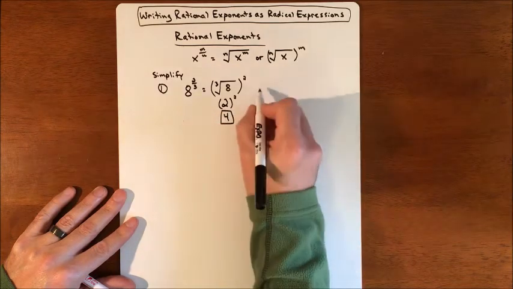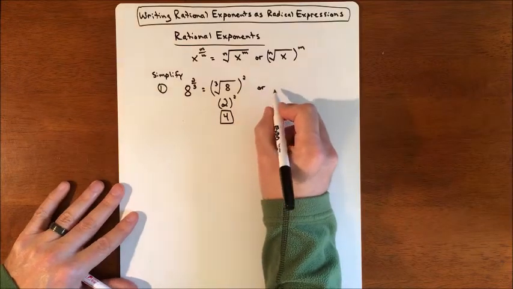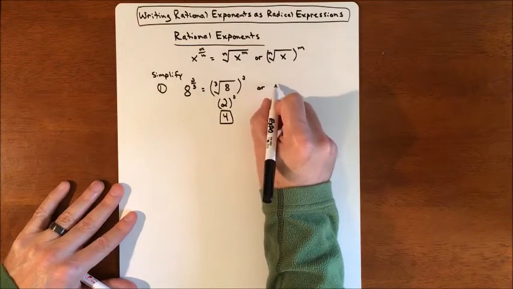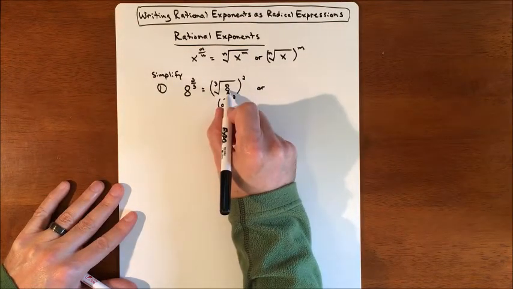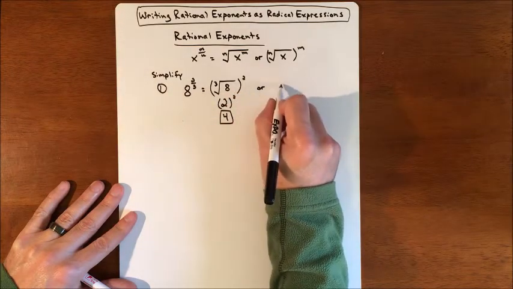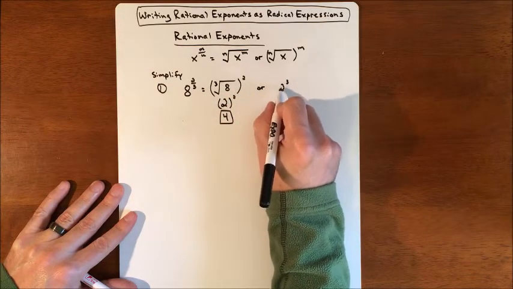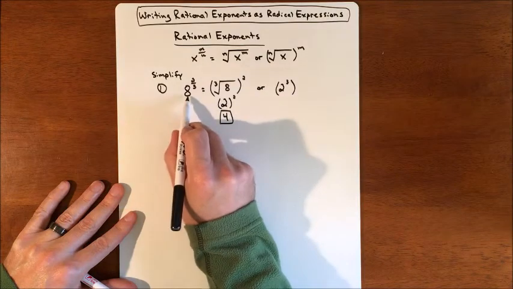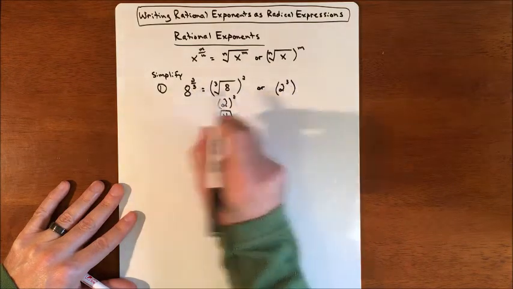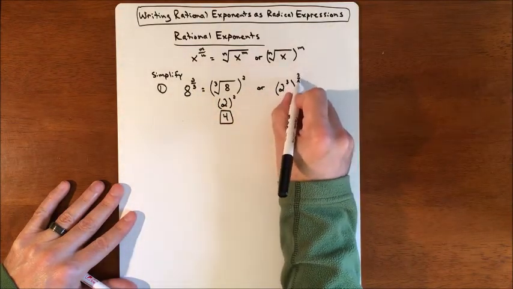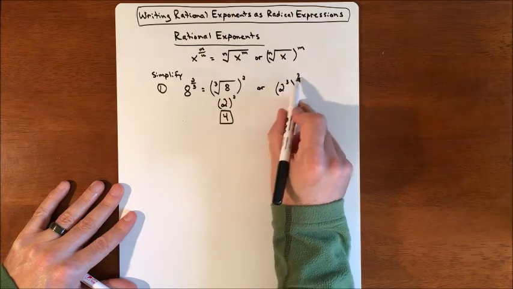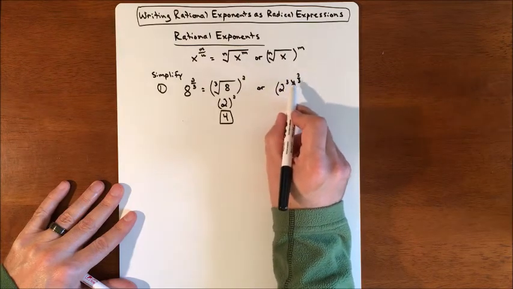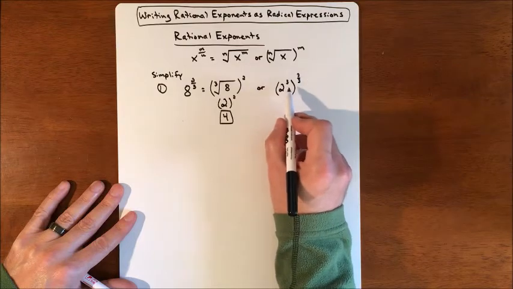Now a little bit of a different approach, depending on what you're doing, is taking this 8 and realizing that it is just a bunch of 2's, so it's really 2 to the 3rd power, and then we can apply the 2/3 power to it. This is a power to a power, so we can multiply these two together, and this will actually simplify.